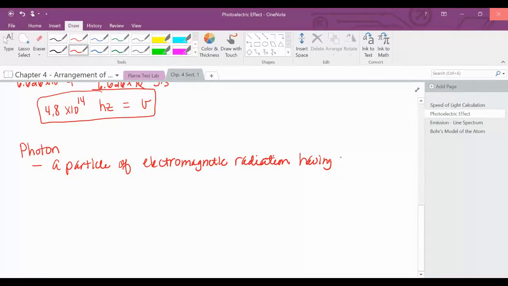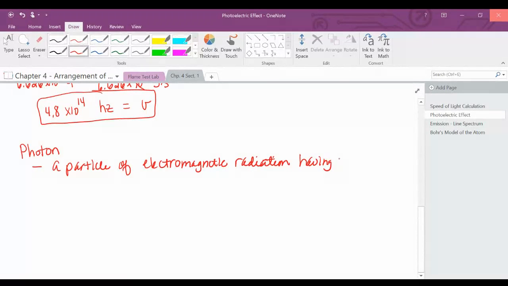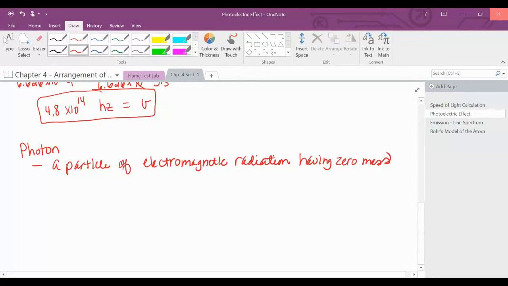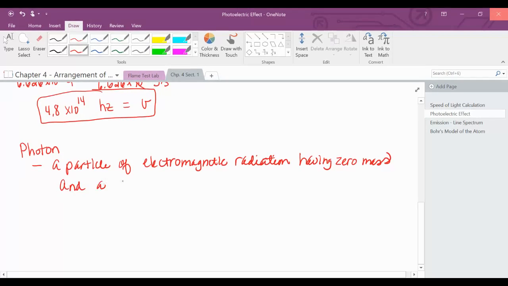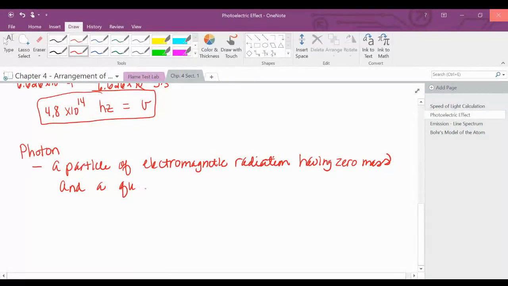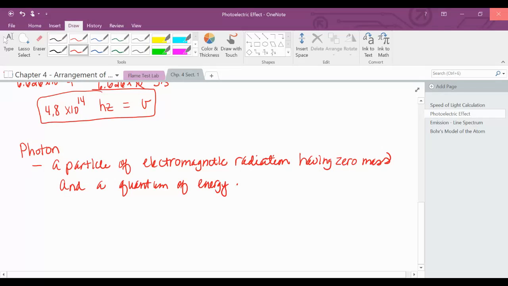So that photon is a particle of electromagnetic radiation, so it's energy. Energy is not matter, so it has no mass. And that particle has a quantum of energy. So in other words, that particle is containing a specific amount of energy.